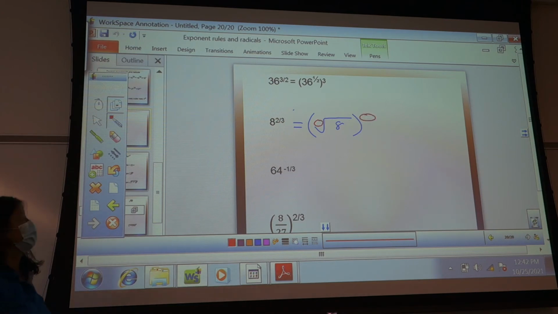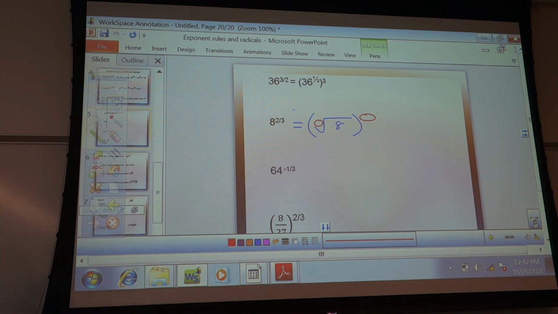Natalia, what did you get for the inside part here? Cube. 3? Yep. And David, what did you get for the outside part up here? 2. Perfect. Great.